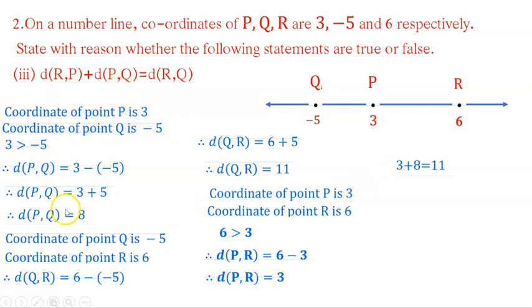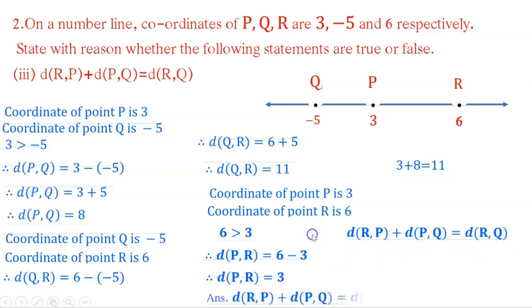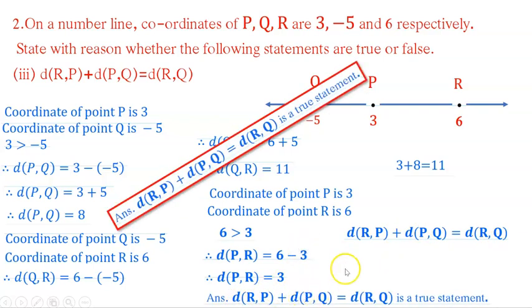Next, distance PQ is 8 and distance RQ is 11, and therefore distance RP plus distance PQ is equal to distance RQ is a true statement. This statement is correct.